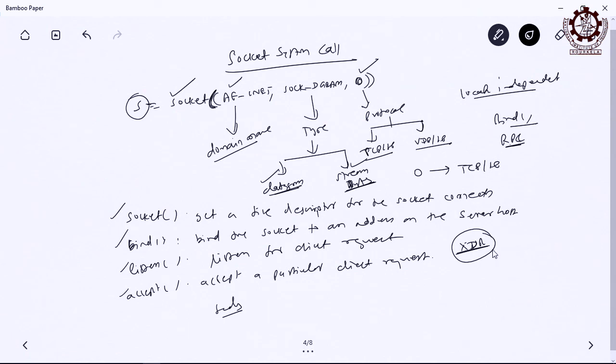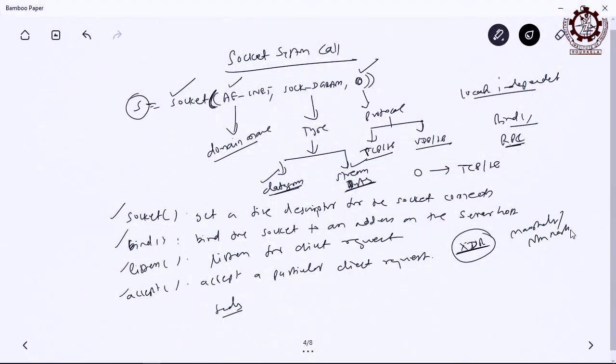We shall see in the next class how to represent the XDR, that is the need of marshalling and unmarshalling. What is marshalling? It is changing the data structures which are used in the program into a form suitable for the intermediate nodes in a distributed system.